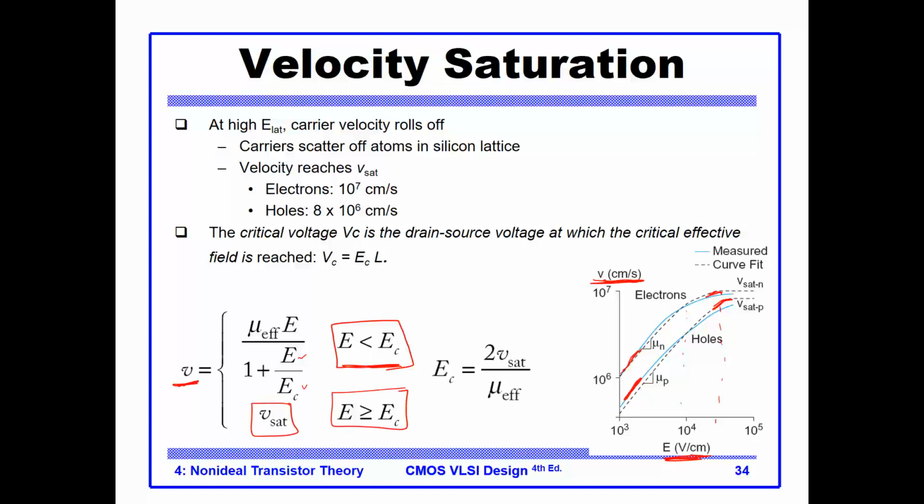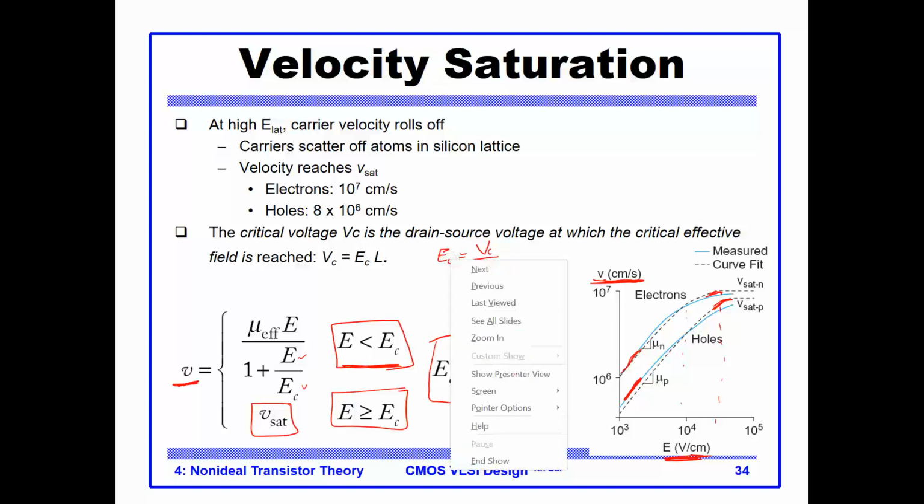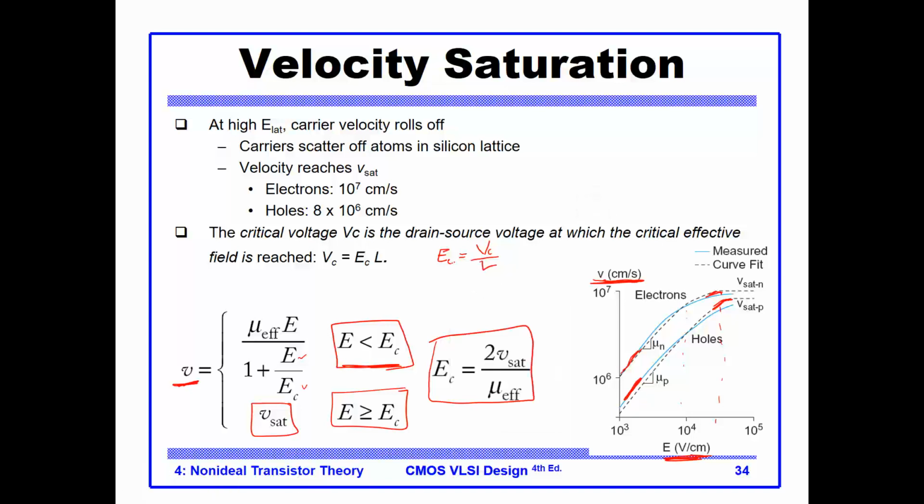What's the value of the critical electrical field? It is 2 times V Sat over the effective mobility. Now, we know that the electrical field equals VDS over the channel length. So where is this critical electrical field reached? It happens at the critical VDS voltage, which triggers the critical electrical field.